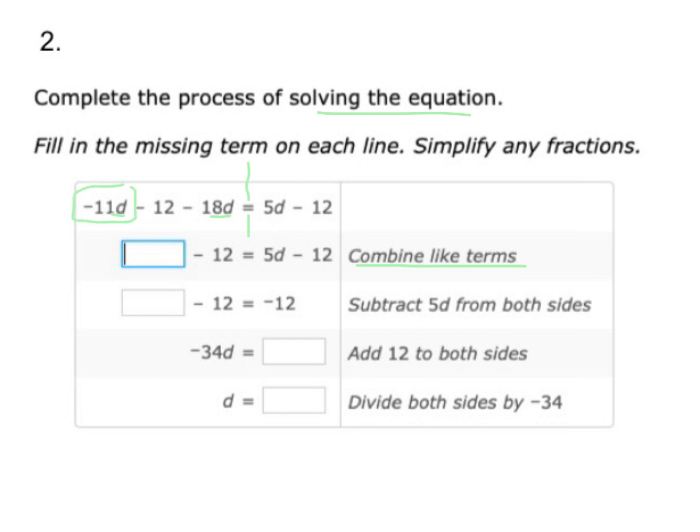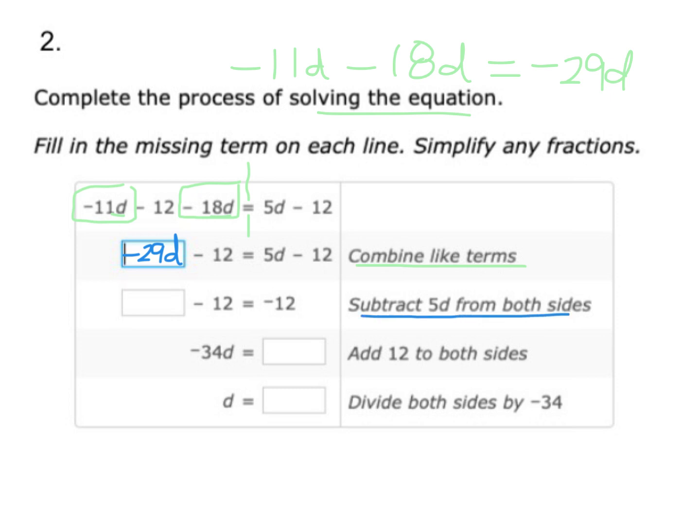Our like terms are negative 11D, and I take the sign with it, negative 18D. So negative 11D minus 18D, when I combine that, I get negative 29D. So that's going to go in the first slot there, negative 29D. Our next step says to subtract 5D from both sides.